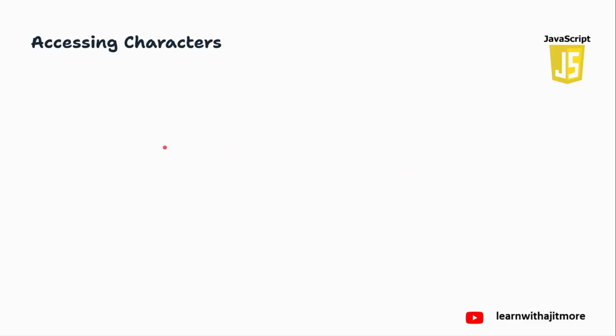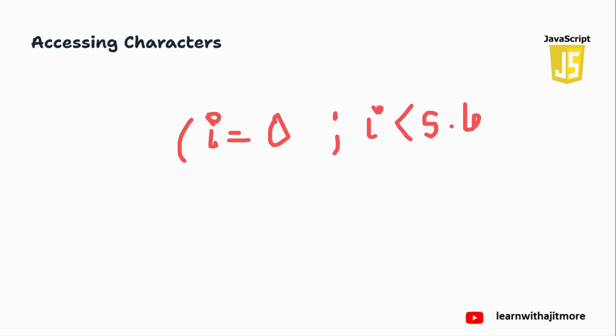और you can access it using a index for loop also. Like i equal to 0, i less than that string's length, s dot length, I hope you know it, and i plus plus. ठीक है, एंड अंदर फिर कैसे एक्सेस करोगे, s of i.